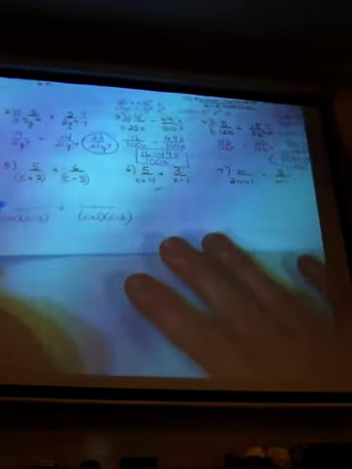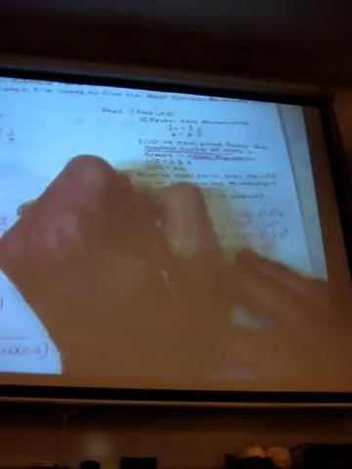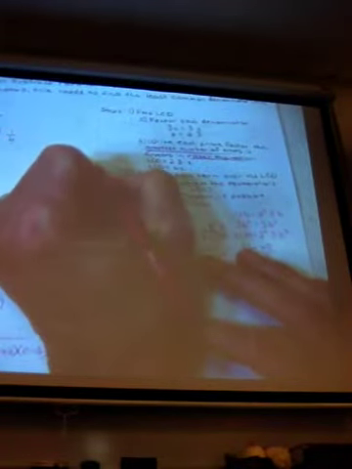So on here, what am I going to have to multiply the first term by? What is it missing? C minus 3. So I'm going to multiply this by C minus 3 and C minus 3 to get it over here. So I distribute through here. Now, up here in step 2, please add this.